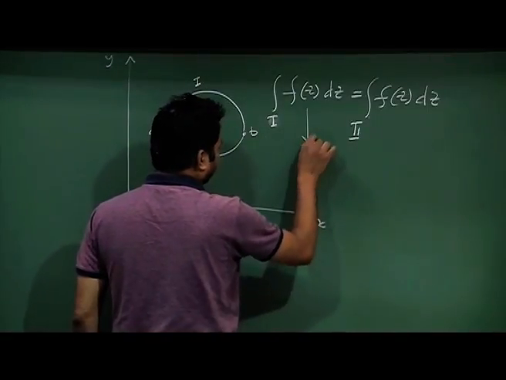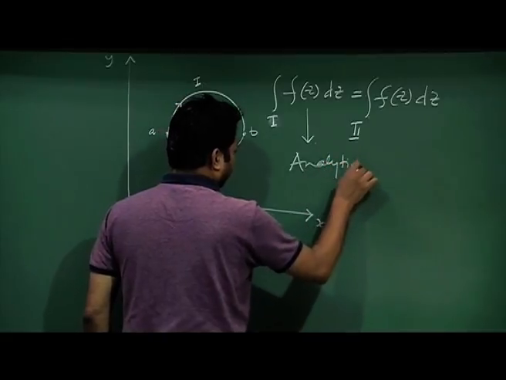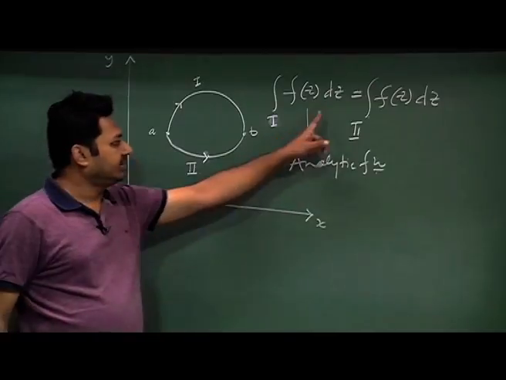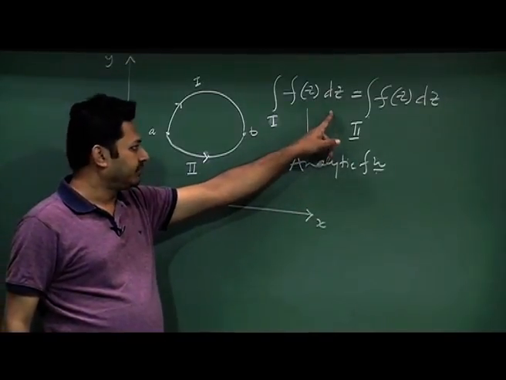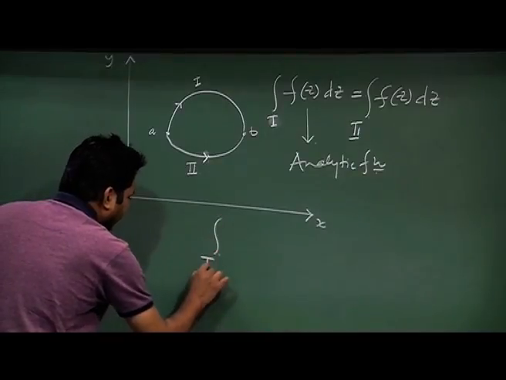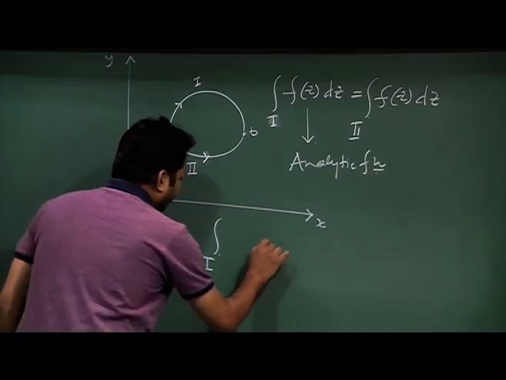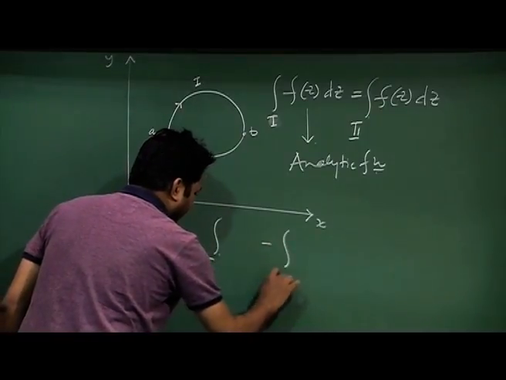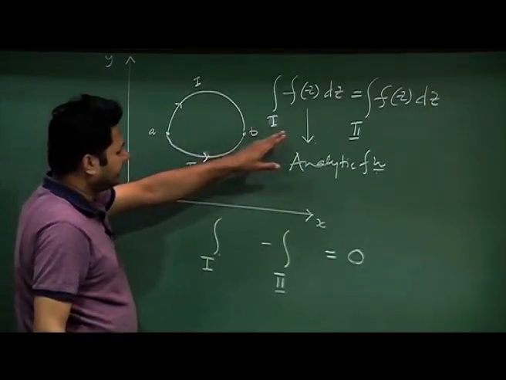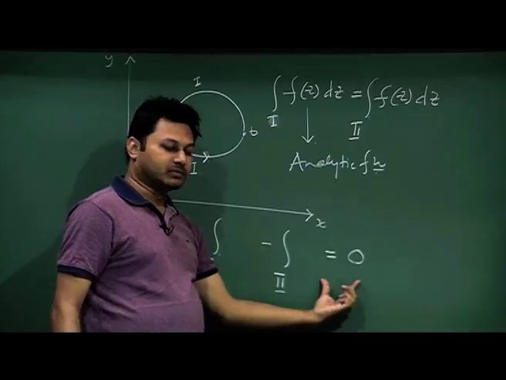So, here f(z) is an analytic function. Now, from this we can write a very important and interesting thing: whatever the integral is here minus this, that should be equal to 0. That means I take this integration to this side, and that should be equal to 0.